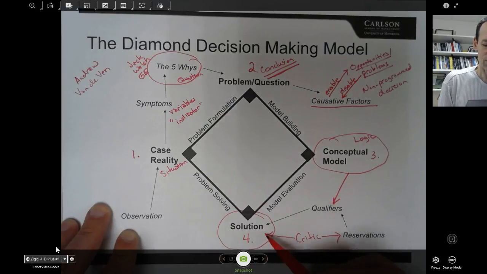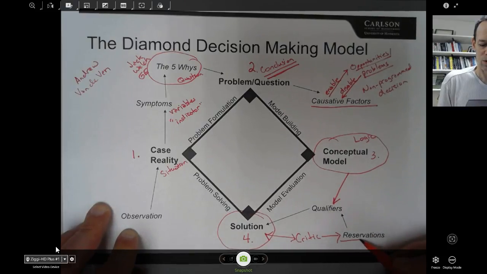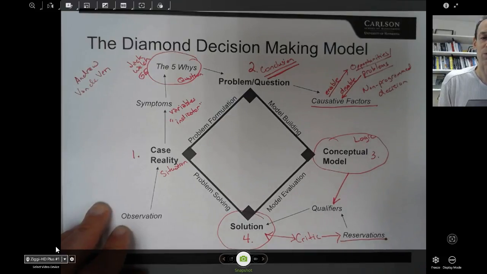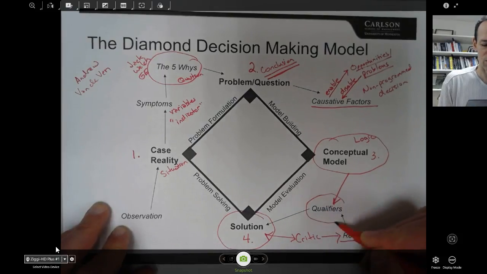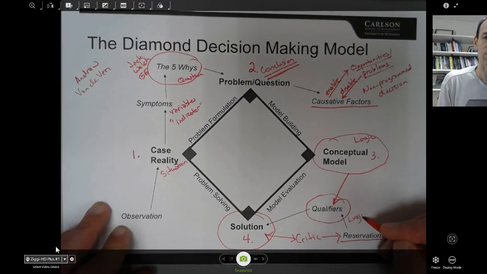But then once we've formulated our solution, we bring that solution to the critic who helps us to evaluate it, and we encourage the expression of tactful, thoughtful reservations associated with the limitations of the model as presented, so that they can help us to identify further qualifiers and further logic that will enable us to put together a more optimal solution. That's the Diamond model.